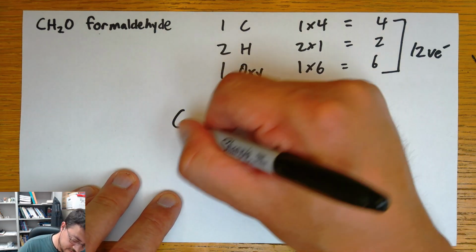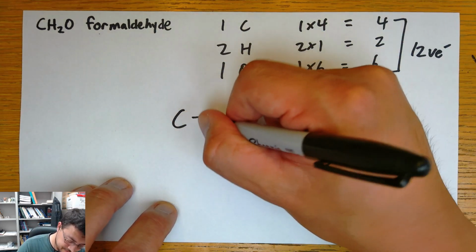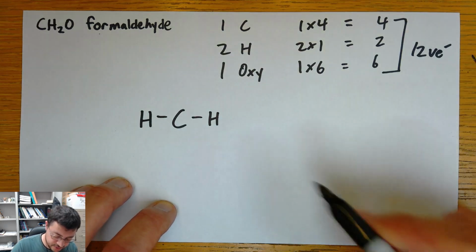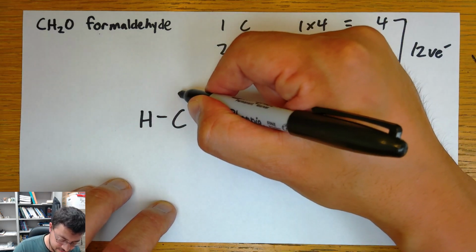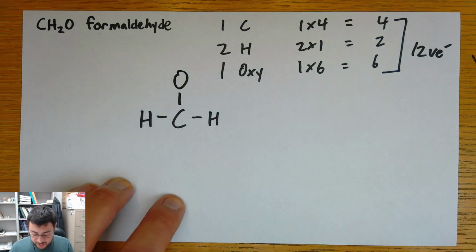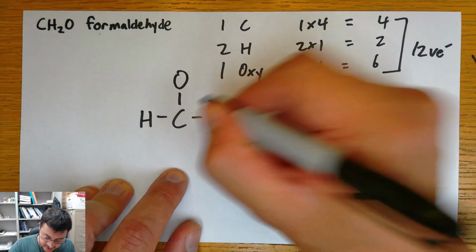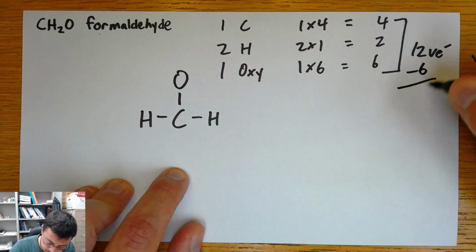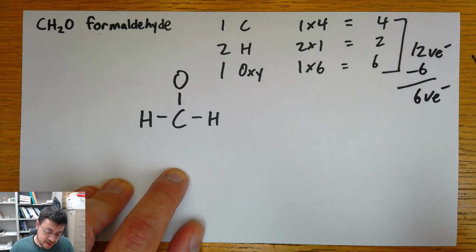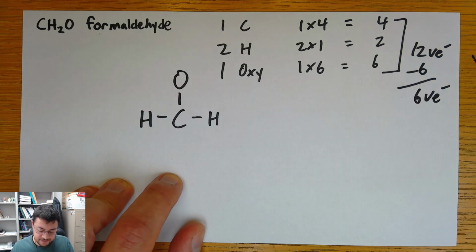Carbon, middle. Hydrogen, hydrogen. And then we need to connect an oxygen. All right, so far we have spent 2, 4, 6 electrons. 12 minus 6 is 6. So we have 6 left to spend.